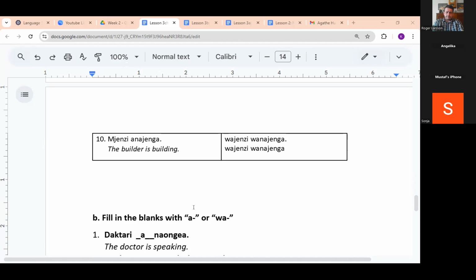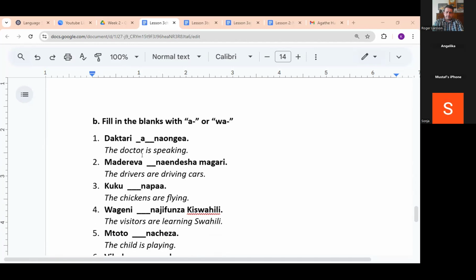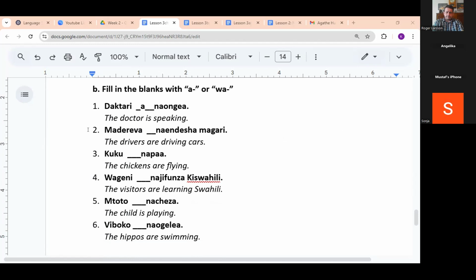Now here we need to either put a or wa. The first one, daktari anaongea. The doctor is speaking. What about number 2? Dada Sonia, madereva wanaendesha magari.